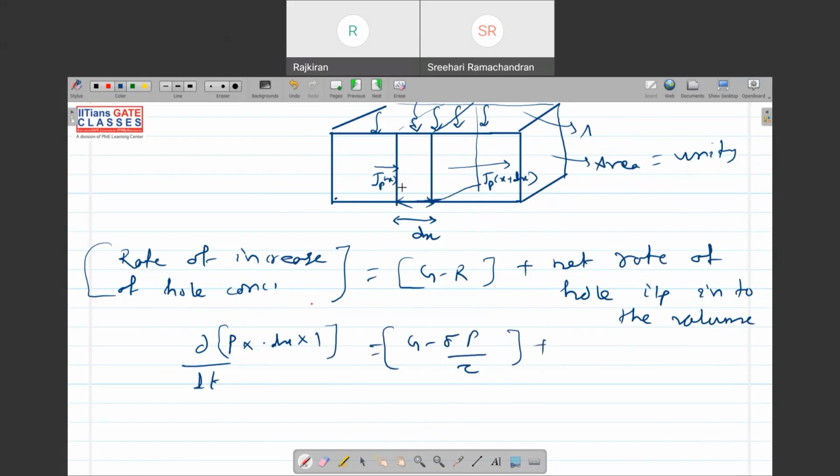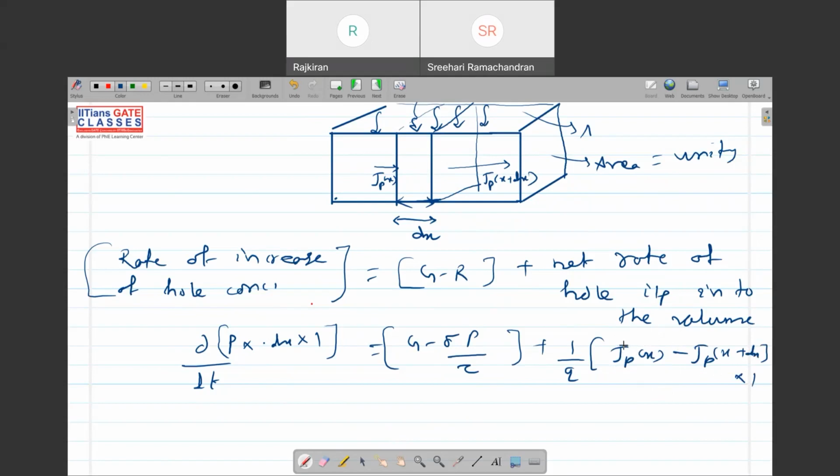Current means the rate of flow of charge. Then if I want to know the number of carriers, this should be 1 by charge into Jp of x minus Jp of x plus dx. This is the number of carriers entering the volume per unit area, into area which is unity. J is nothing but current per unit area.